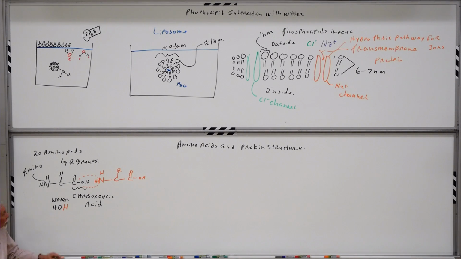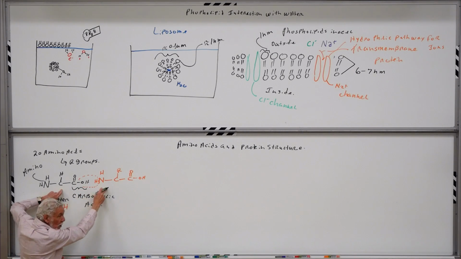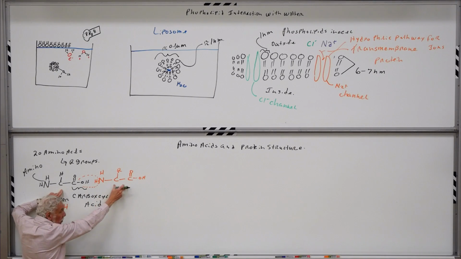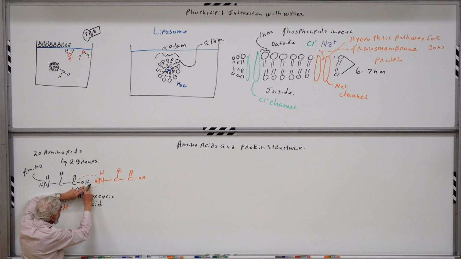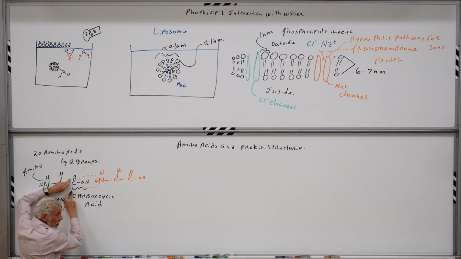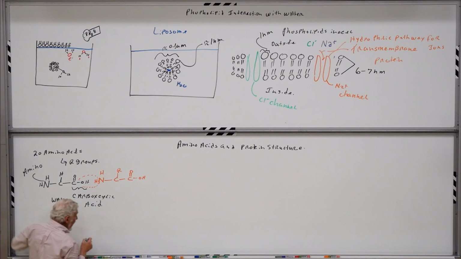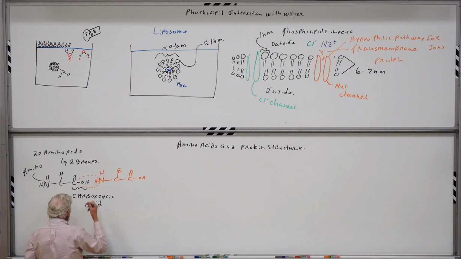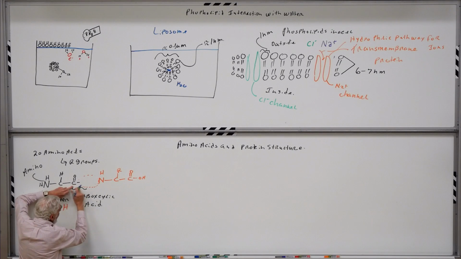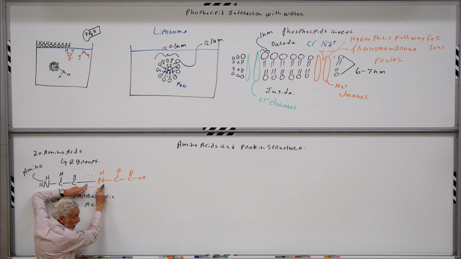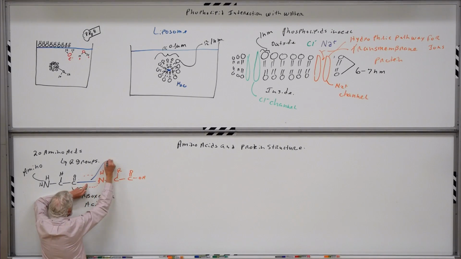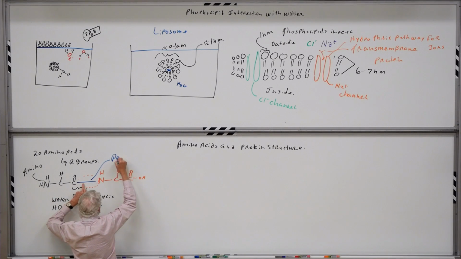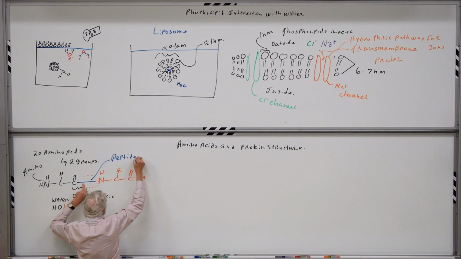We're going to take a water out of these two amino acids, a hydrogen from this amino acid, the hydroxyl from the carbonyl carbon, generate water, and in the process, we're going to generate a new bond. We're going to generate a bond here between the carbonyl carbon and the nitrogen of the amine, and this bond is said to be a peptide bond.